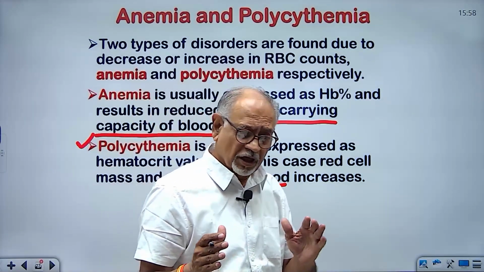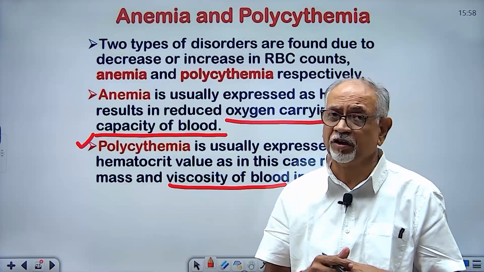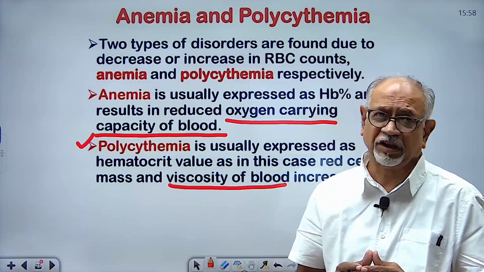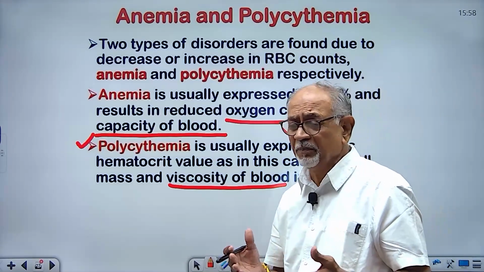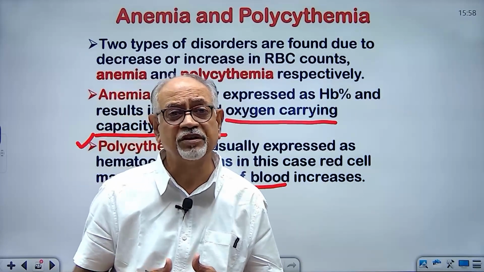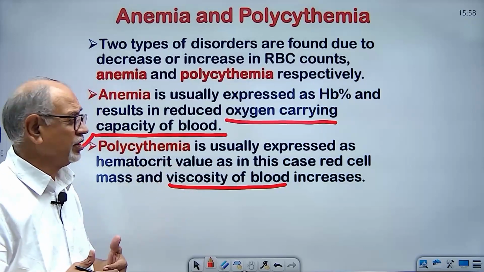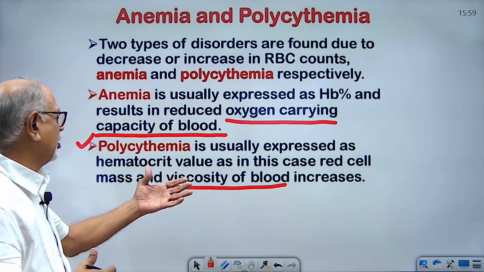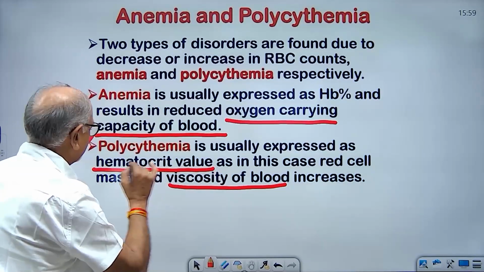So for the diagnosis of these two abnormalities, two different parameters are used. For diagnosing anemia, the percentage of hemoglobin is estimated, and in case of polycythemia, the RBC count and hematocrit value are important.